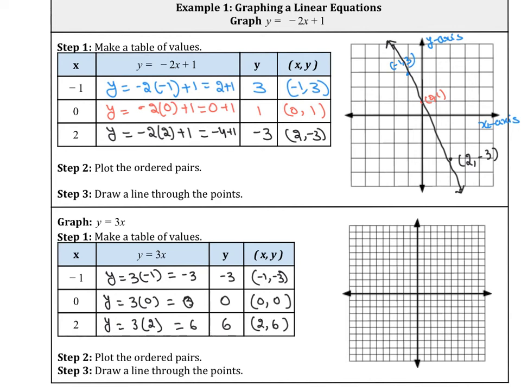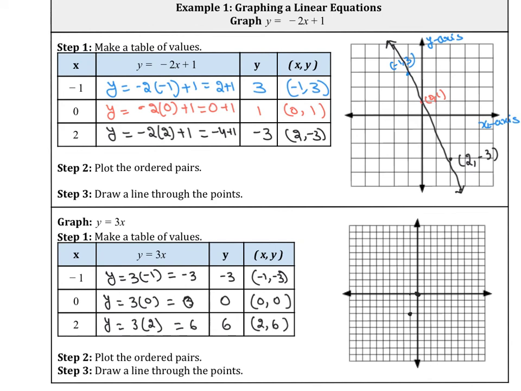We are going to plot these points in the graph. So our first point is negative 1 comma negative 3. Our x value is negative 1. So this is our negative 1. You go down 3 for a y value. Our second point is 0 comma 0, which is this point right here.